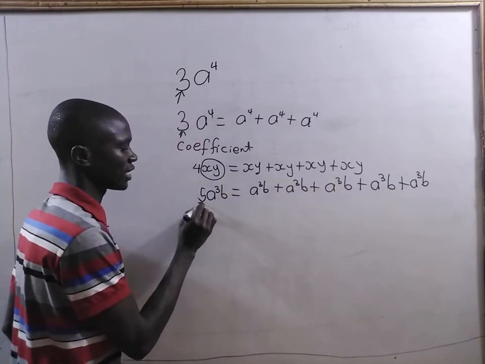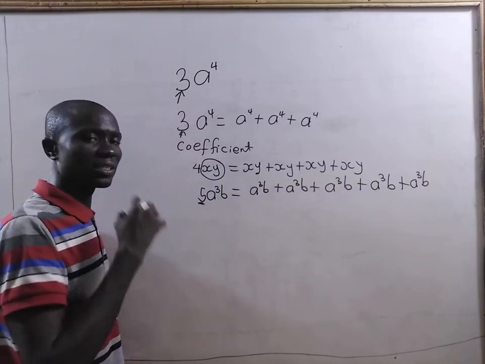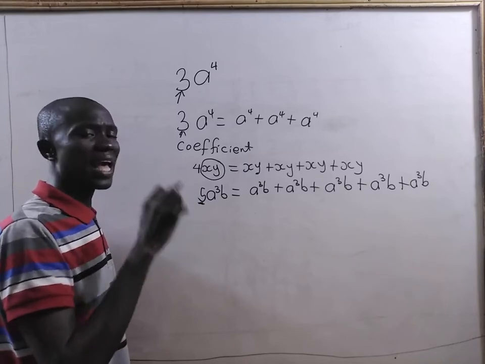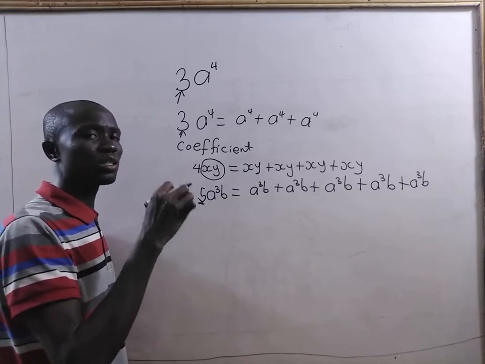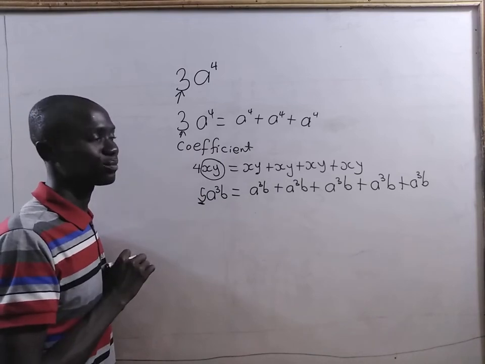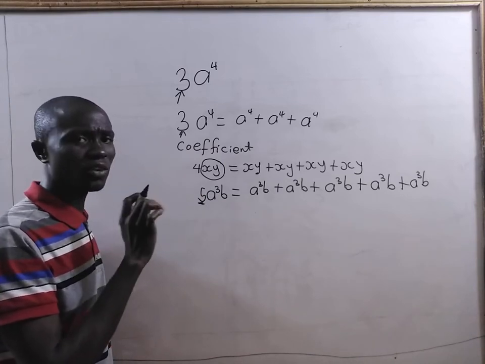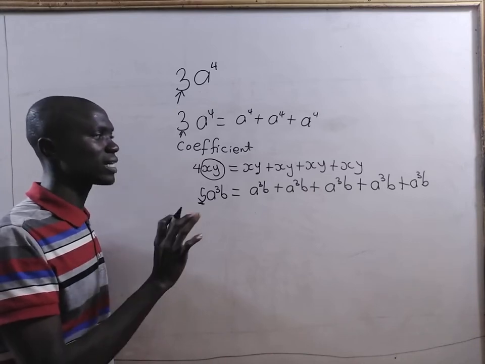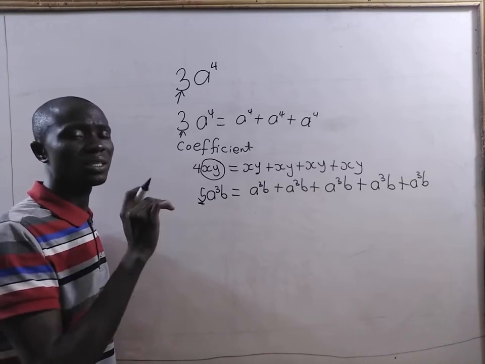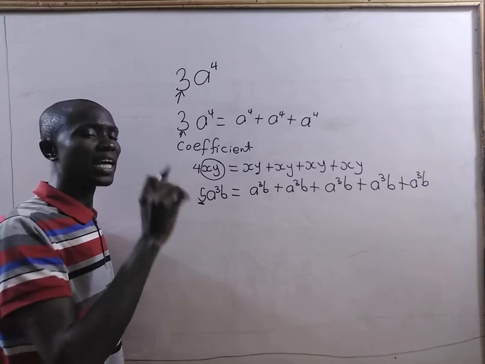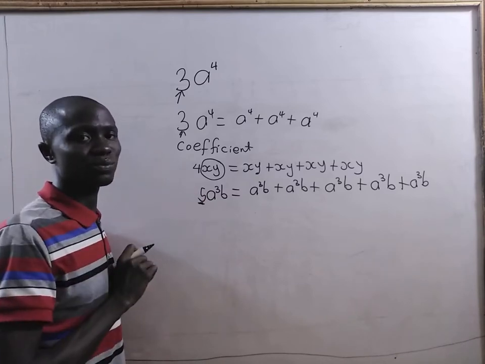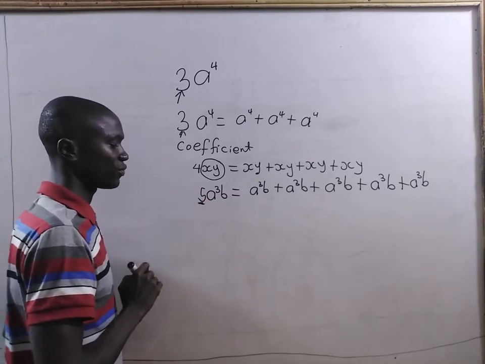The coefficient 5 here tells us that a cube b has been added to itself 5 times. So the coefficient of a given variable simply tells us the number of times that variable has been added to itself.